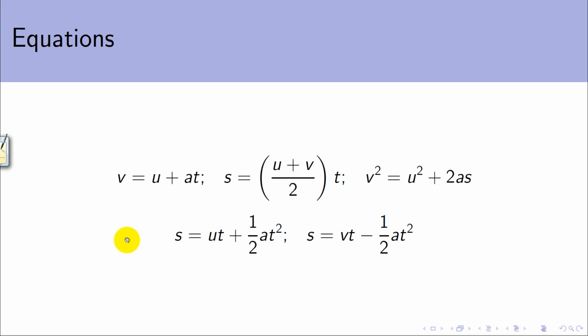Now if you look carefully at these equations, you'll notice there's 5 equations and there's 5 SUVAT variables. And each equation is missing one of the SUVAT variables. So this one over here, with v, u, a and t, doesn't have s. This equation here doesn't have a, this one here doesn't have t, there's no v in here, and no u in this one.